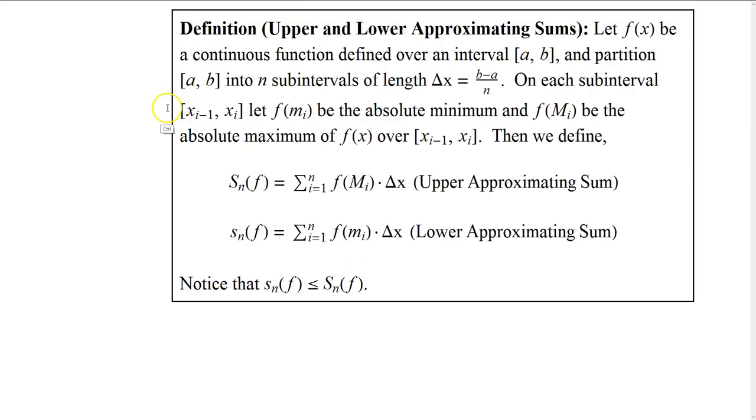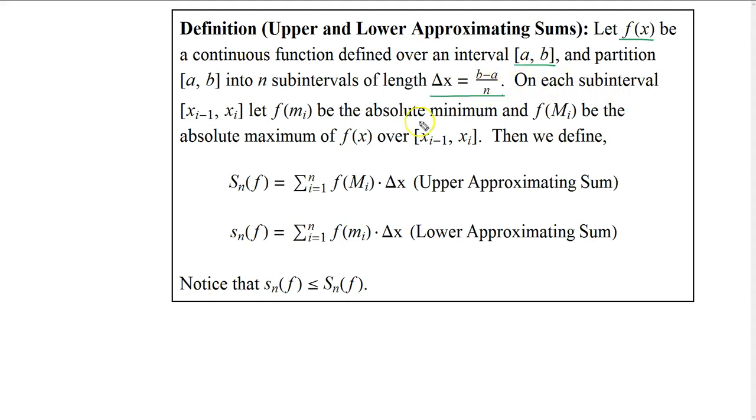Now let's take a look at a definition here. So this is our definition for upper and lower approximating sums. We let a function f of x be continuous over an interval [a, b], and we partition the interval [a, b] into n subintervals of length delta x, and that's going to be (b minus a) over n, as we saw previously.